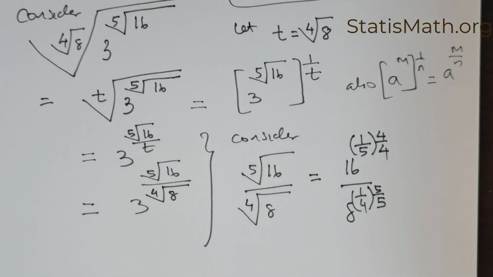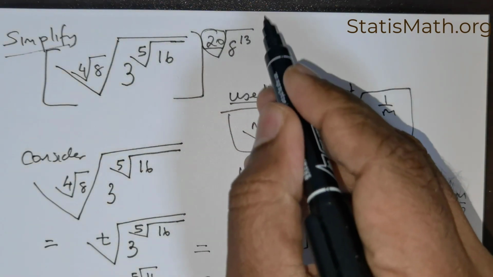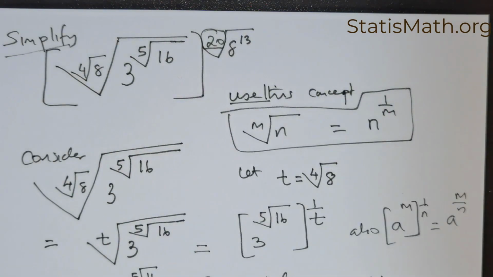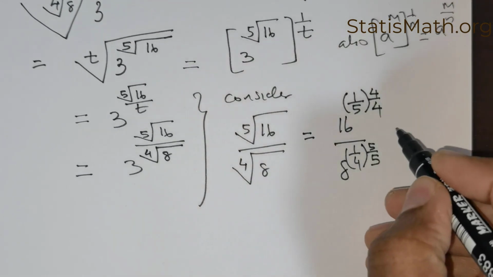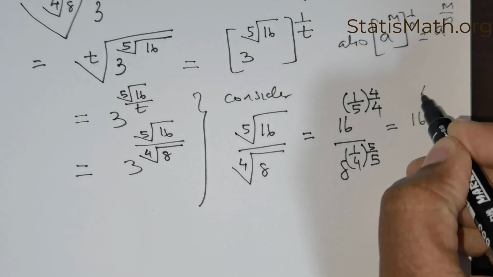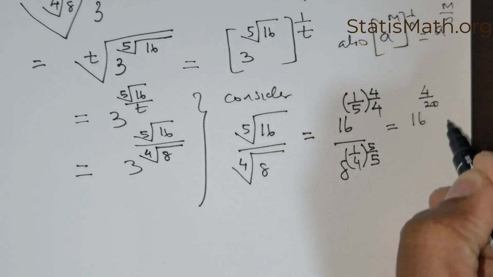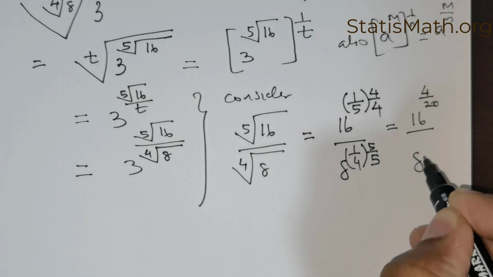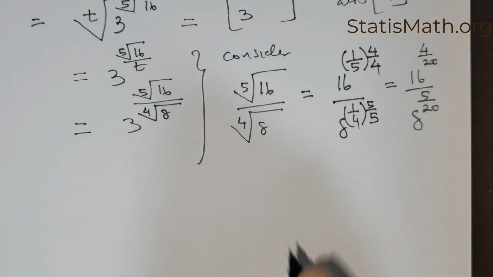So because of this fact, I would like to have 20 everywhere. So this can be further rewritten as 16 raised to the power of 4 over 20, fours are 20, that's fine, divided by 8 raised to the power of 5 over 20. So this is what we have got.